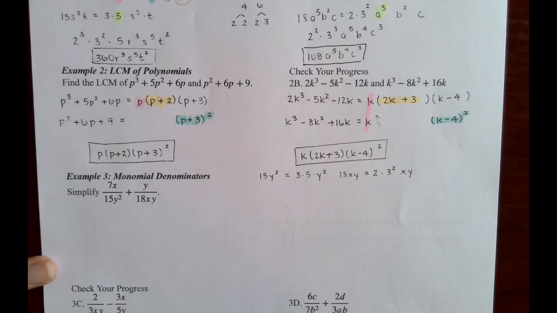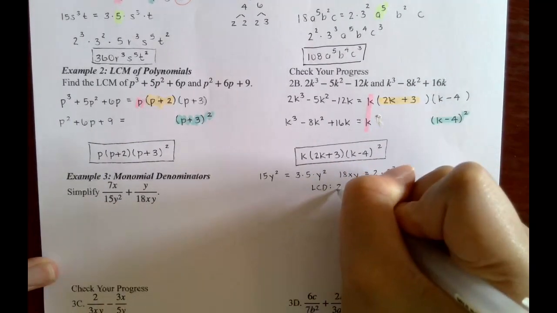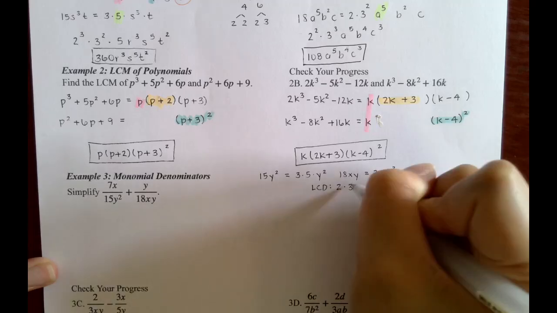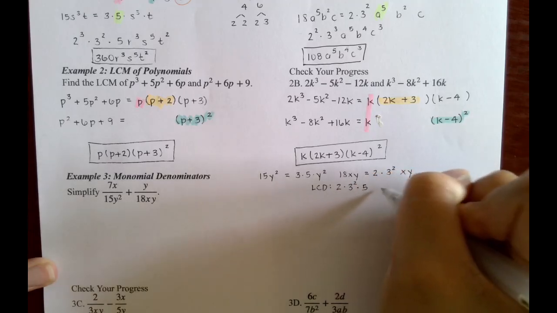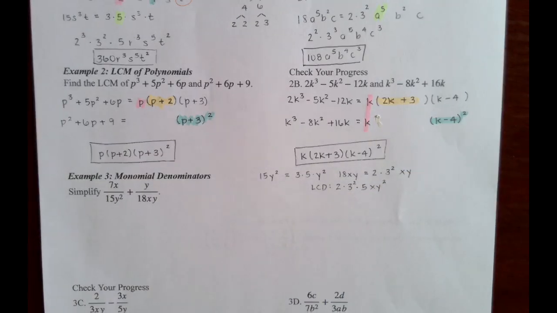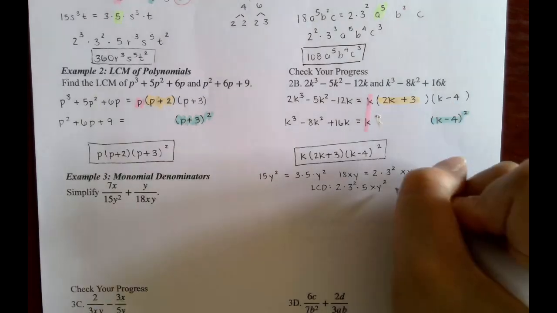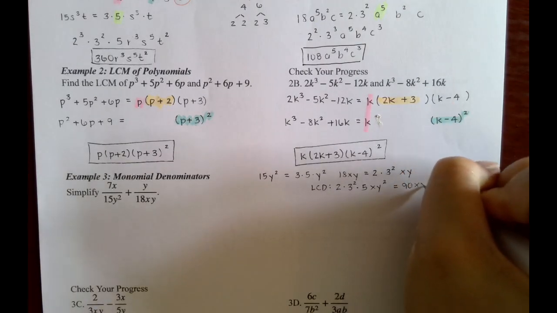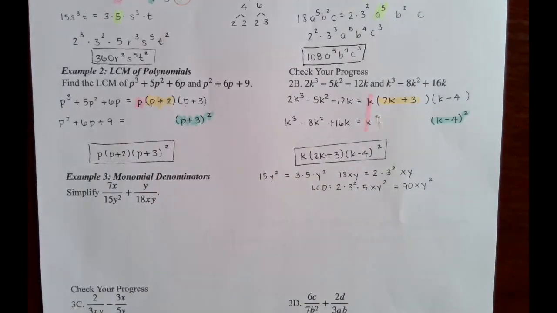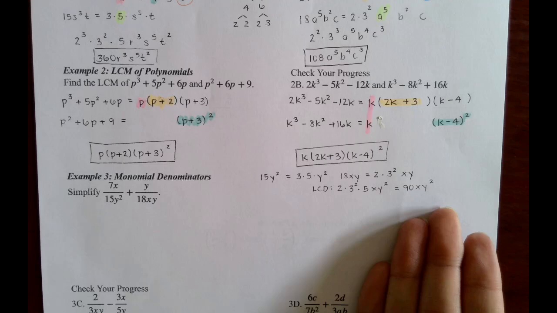So here, the least common denominator is going to be 2 times 3 squared times 5 times xy squared, okay? And this is going to be 2 times 9 times 5, 90xy squared. Okay, so the reason why we need least common multiple, the reason why our first two examples dealt with that, is so that we can find what the least common denominator is.